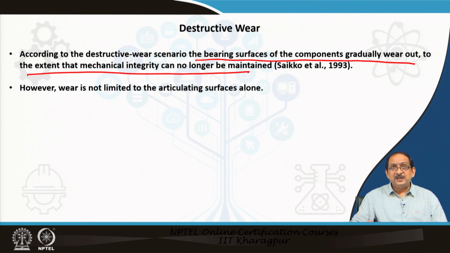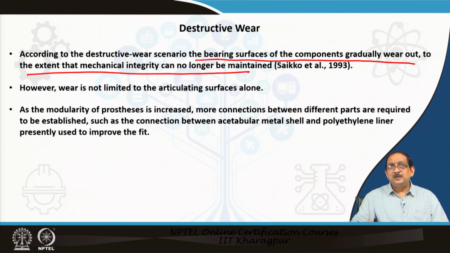However, wear is not limited to the articulating surfaces alone. As the modularity of the prosthesis is increased, more connection between different parts of the implants are required to be established, such as the connection between acetabular metallic shell and the polyethylene liner presently used to improve the fit.